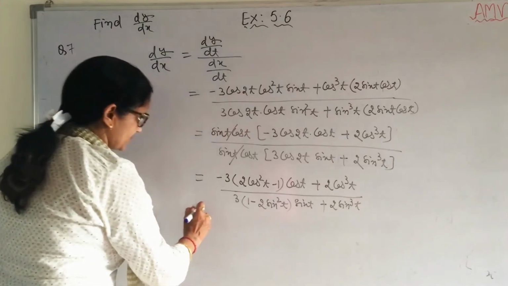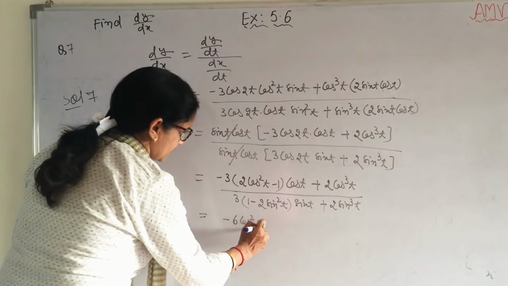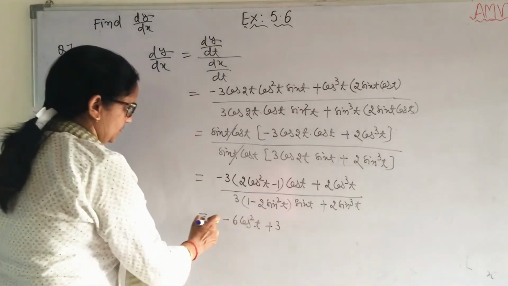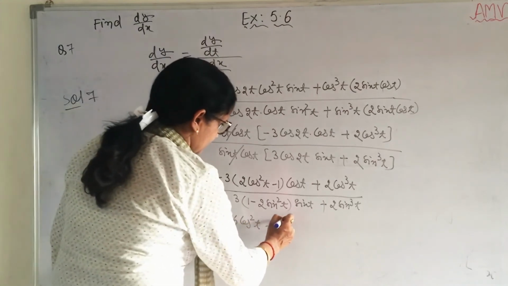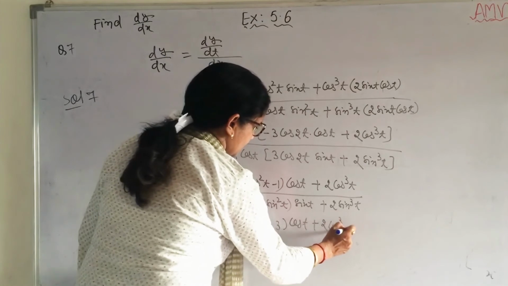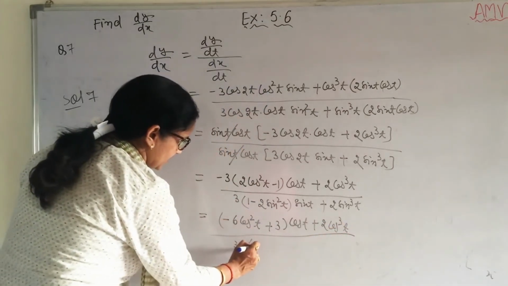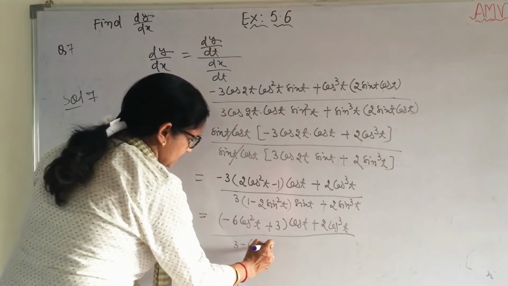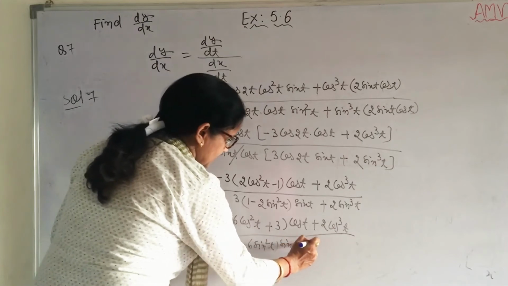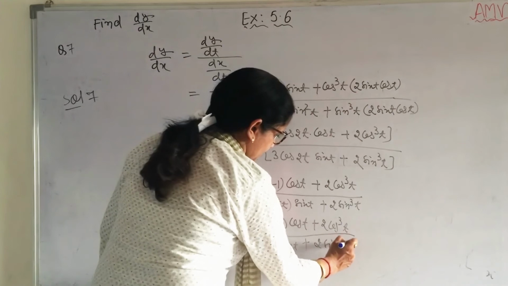Now simplify. It is minus 6 cos square t plus 3, and product with cos t plus 2 cos cube t. Here it is 3 minus 6 sin square t, and it is sin t plus 2 sin cube t.